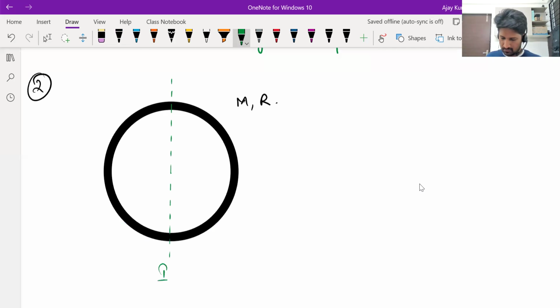Sure, mr square by 4. Think carefully and answer. Give your answers in chat. It's not mr square by 4. Saket, your answer is not correct. Pavan, Vanilla, your answers are correct.